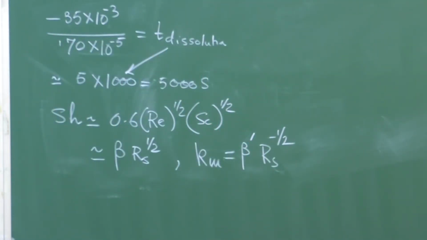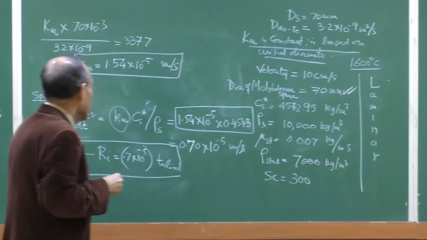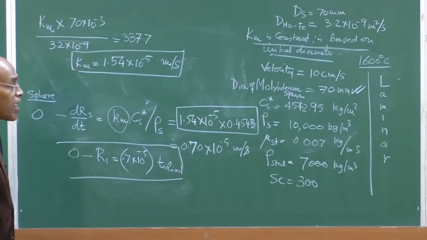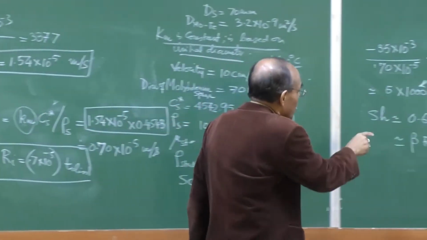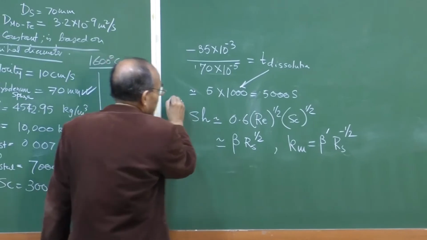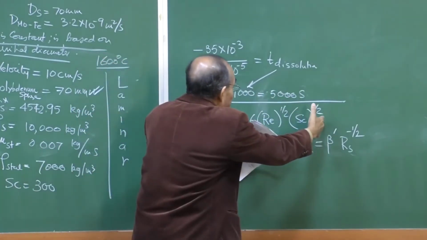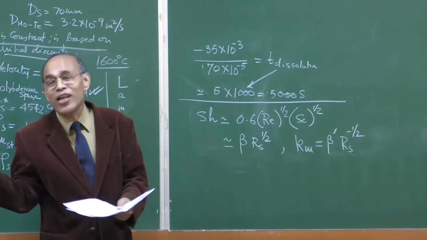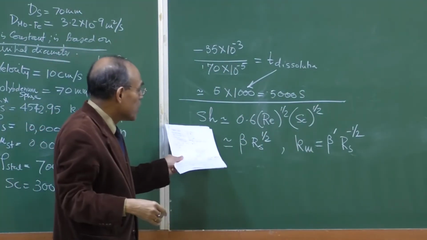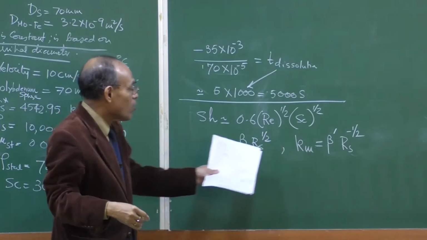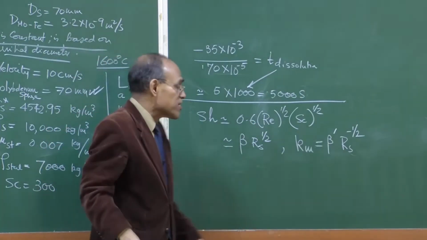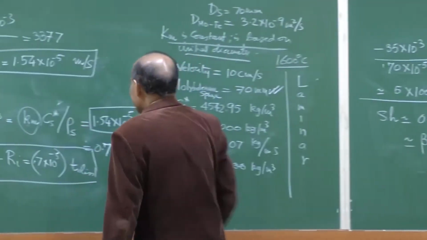So, if the mass transfer coefficient is to be treated as a function of diameter and you are asked to calculate the complete dissolution time, then from the correlation these approximations are to be applied: the factor of 2 can be ignored because this component is 335, this is 2, and that is how 337 has come. The moment you do it, life becomes simple and you can find a relationship between Km and Rs, and now you can integrate this.